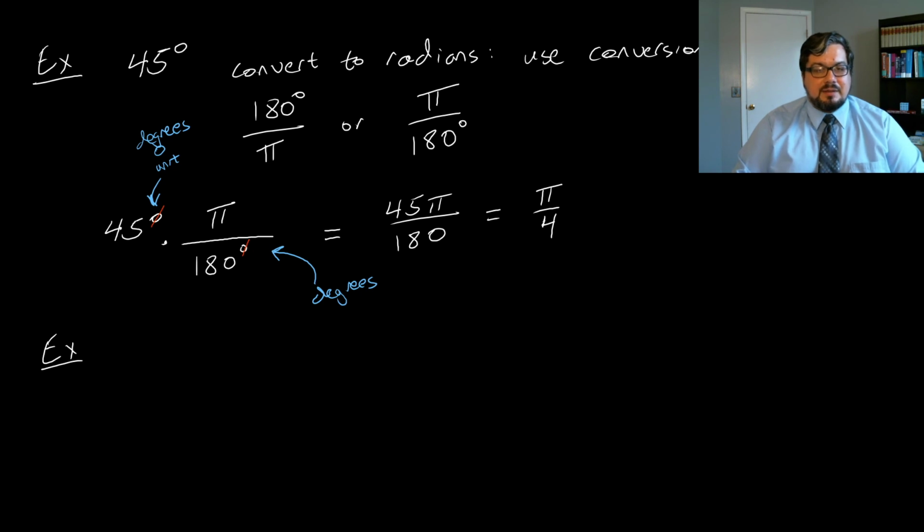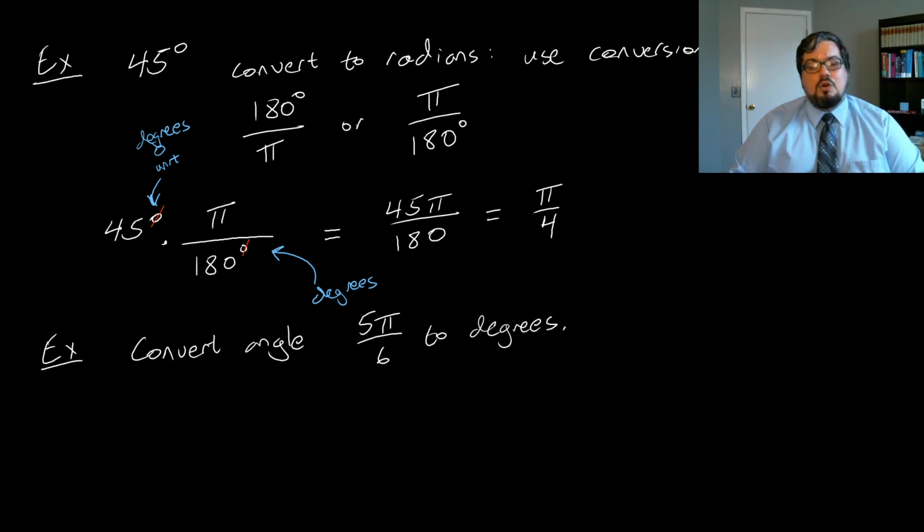Let's take another example. Let's convert the angle 5 pi over 6 to degrees. When no unit is specified, as on this 5 pi over 6, it's in radians.